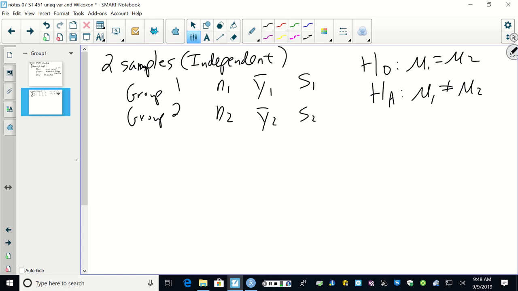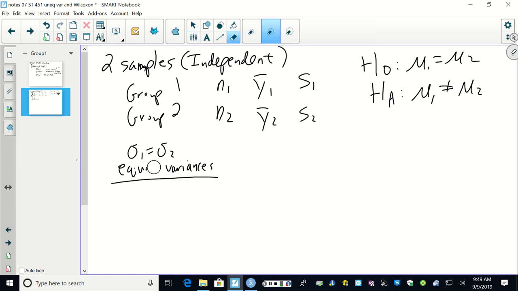And if we think that sigma 1 and sigma 2 are equal variances, if that's our assumption, if that seems reasonable, now they won't be exactly the same.